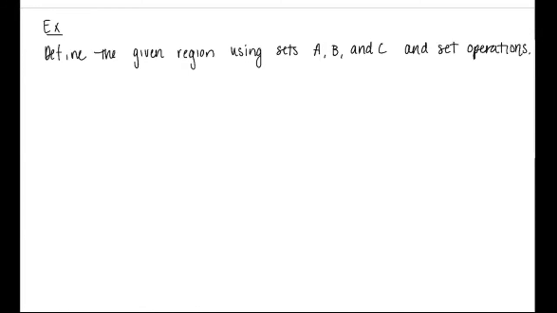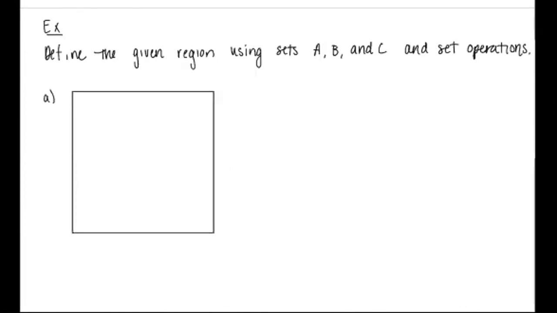So basically, we're going to talk about regions 1 through 8, and we're going to try to figure out how to write those out. And so I'm going to do 2 examples. I think the best thing you can possibly do is really write it in words first, and then that kind of translates to those operations.